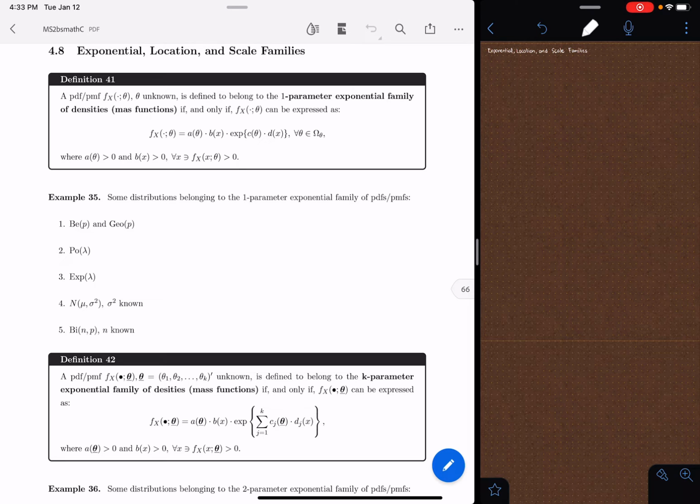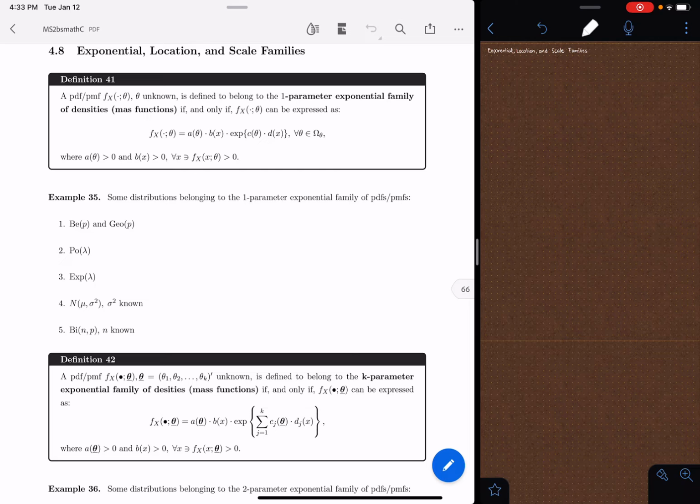So the first two examples, the Bernoulli, geometric, and the Poisson are discrete distributions. And also number 5, the binomial n, p, where n is known. And then 3 and 4 are examples of continuous distributions, or density functions that belong to the one parameter exponential family of PDFs or PMFs.